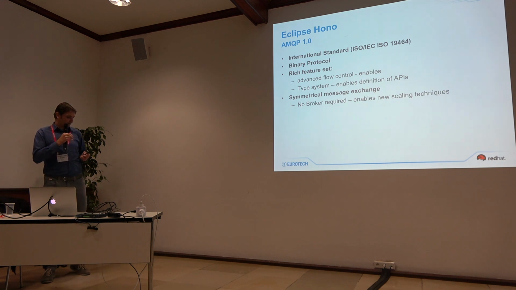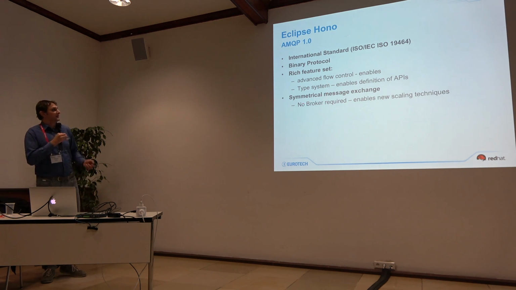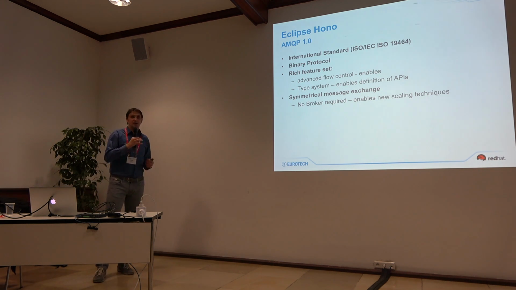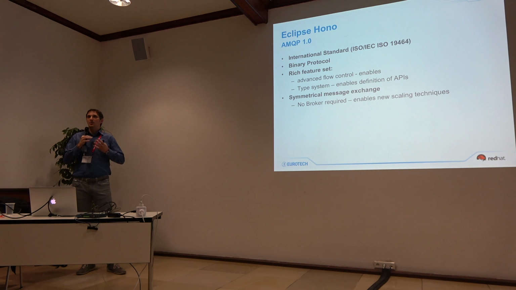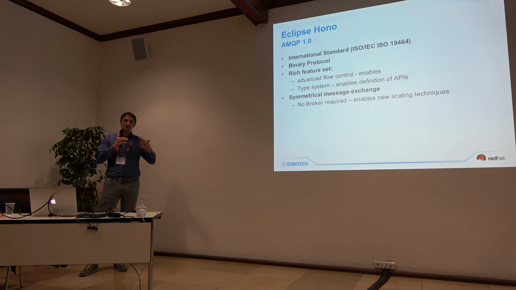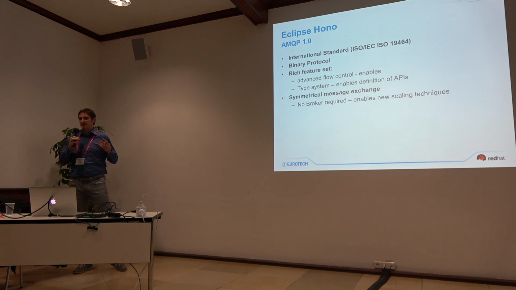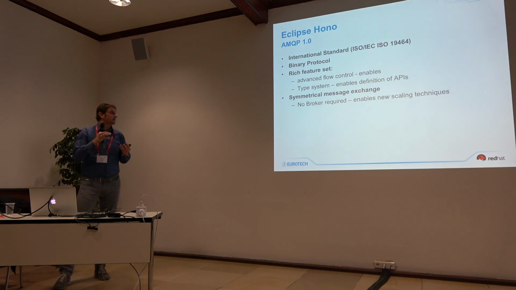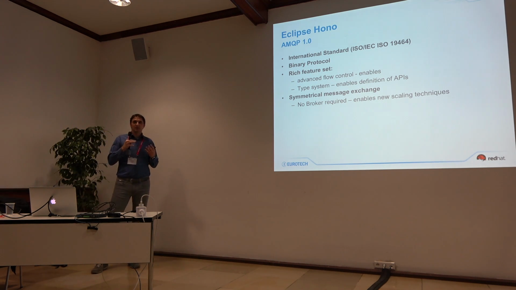The most important one is that AMQP, unlike other messaging protocols, is basically a symmetrical protocol, meaning that there's nothing inside the protocol itself that assumes client-broker kind of connectivity. So it's all just endpoints connecting and exchanging messages between them. And that means that we can now have different messaging paradigms inside the messaging system.